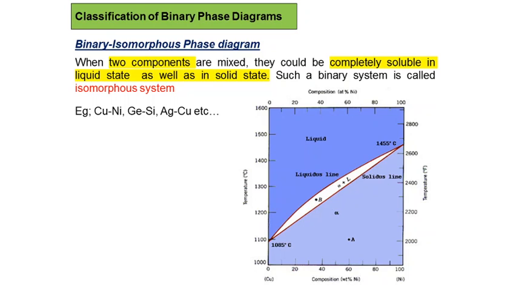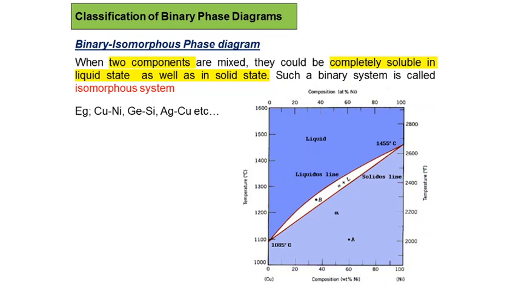When we discussed the classification of solid solution, we discussed these two elements, copper nickel alloys, as an example for substitutional solid solution. At that point we discussed that these two systems are having complete solubility. So it is one example for the binary phase diagram, copper and nickel.